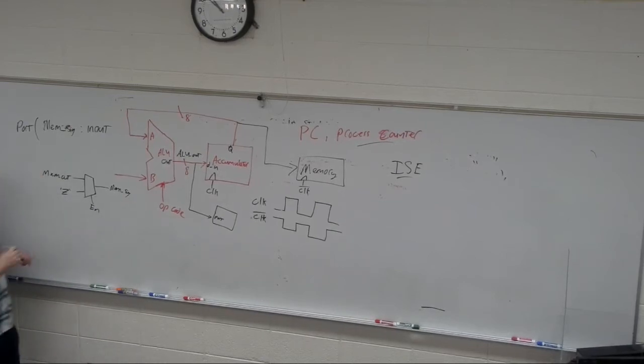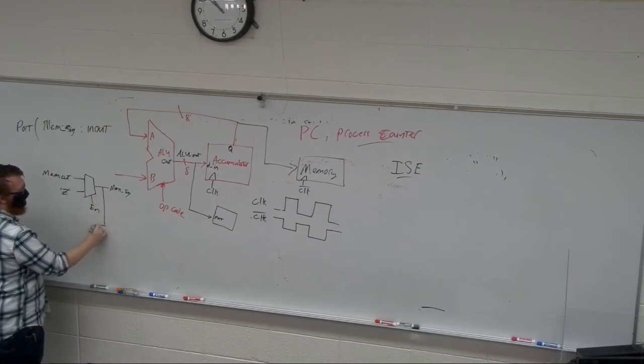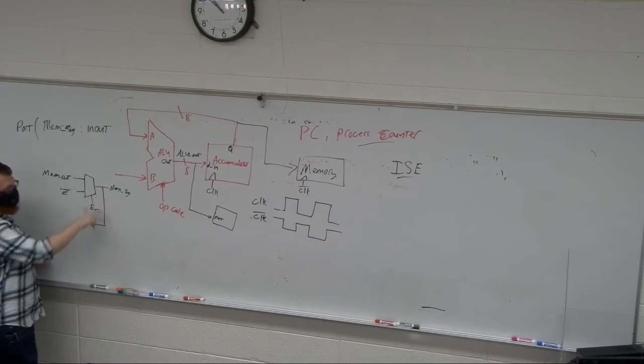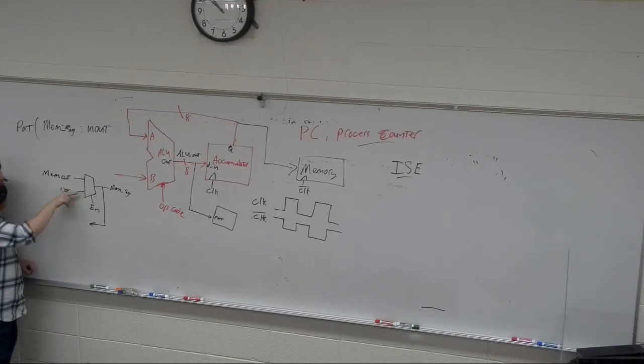And when we're reading, we read from here, essentially. So either we're driving them out or we're just setting Z here and only reading. Make sense?